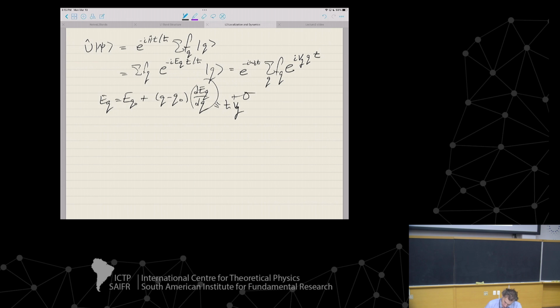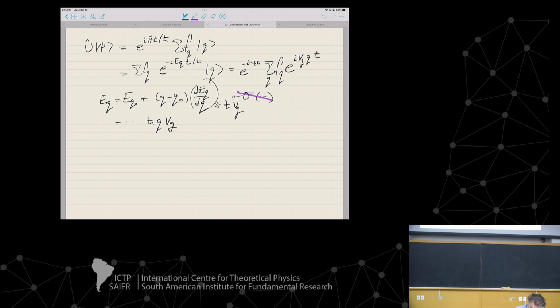And then there's higher order. So if I ignore this higher order and group these terms, there's q-independent things, and then there's h bar q v_group. Okay, so the q-independent things are what I clustered out here as omega naught. But this ends up in here. And I forgot to write q. Okay.